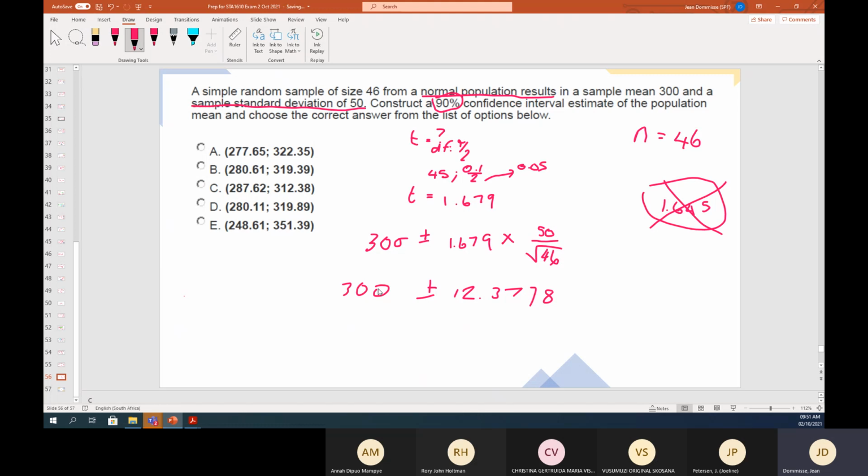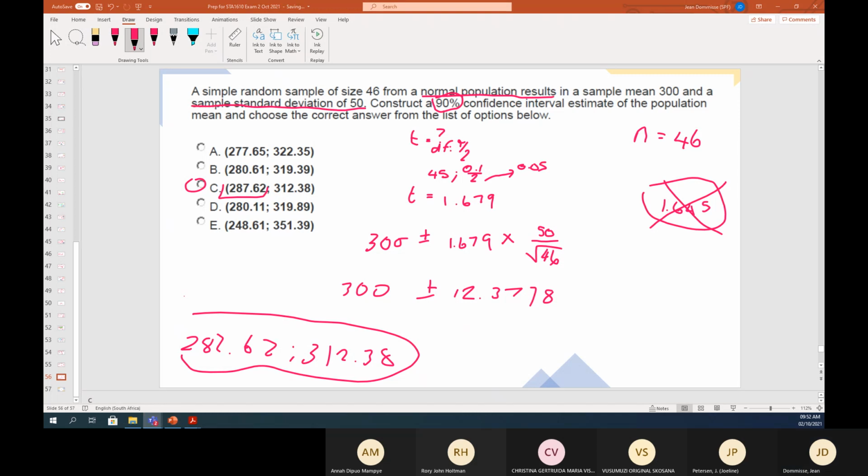So 300 minus the 12 gives you 287,62, and the top one will be 312.38, which gives us option C. The answer would have been very close if you used the Z formula instead of the T formula.